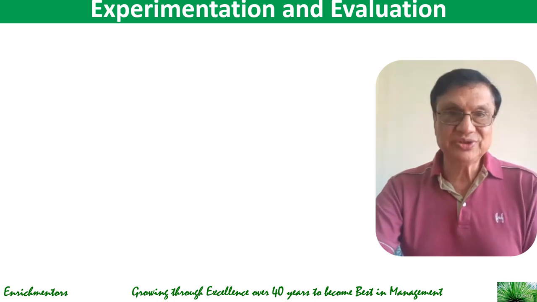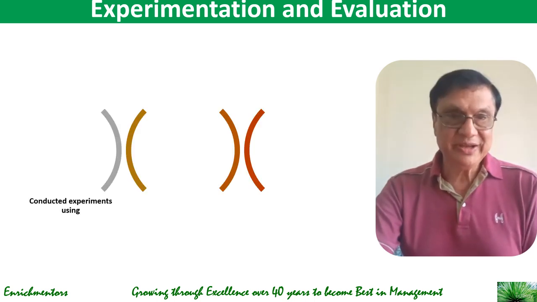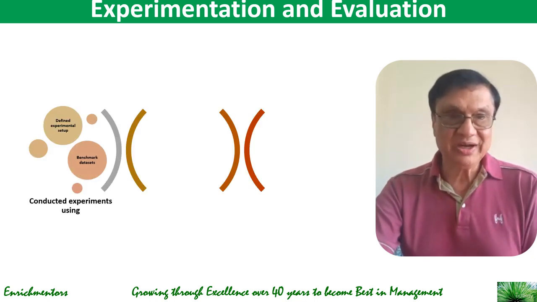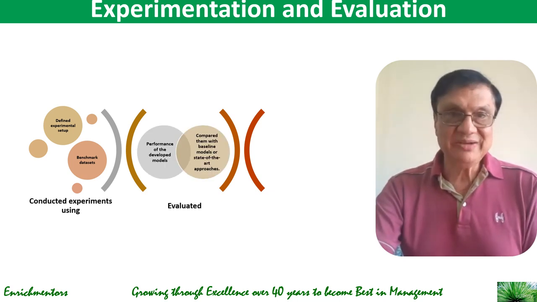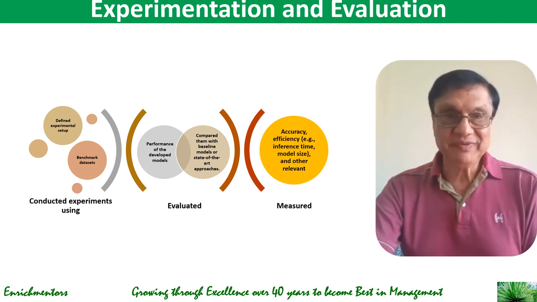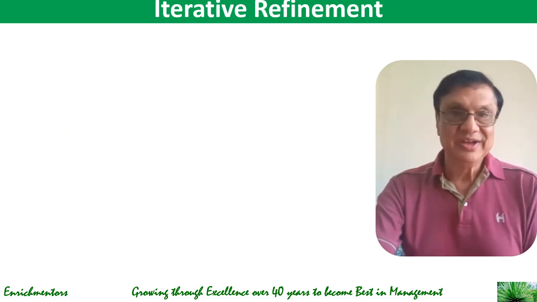They conducted experiments using the defined experimental setups and benchmark data sets, evaluated the performance of the developed models and compared them with baseline models or state-of-the-art approaches, and measured efficiency in terms of inference time, model size, and other relevant factors to assess the impact of the proposed techniques. So that is what happened in the experimentation and evaluation.